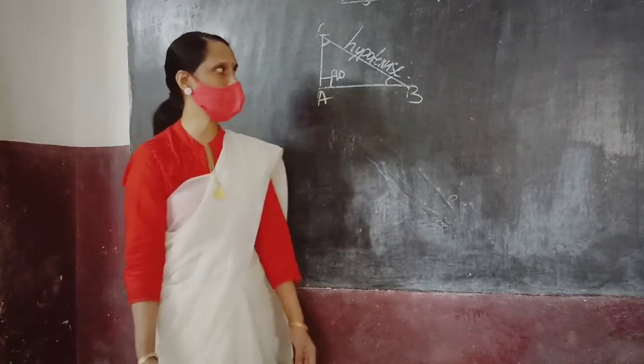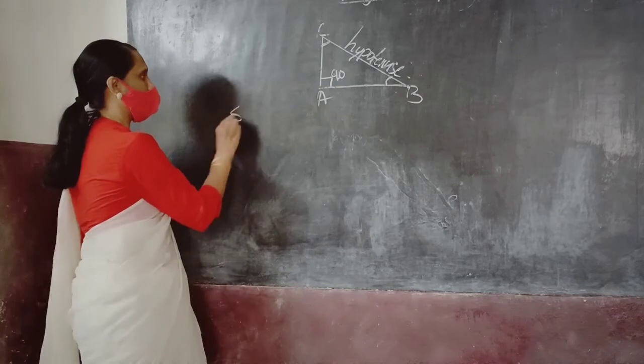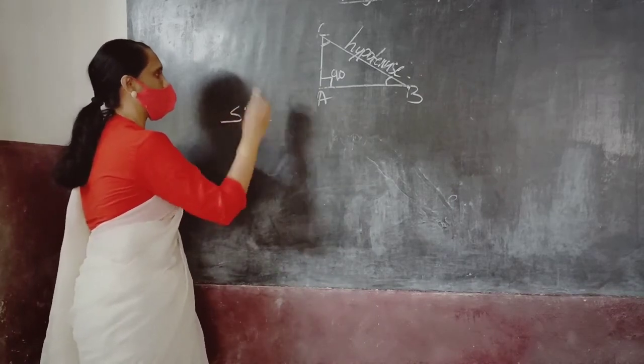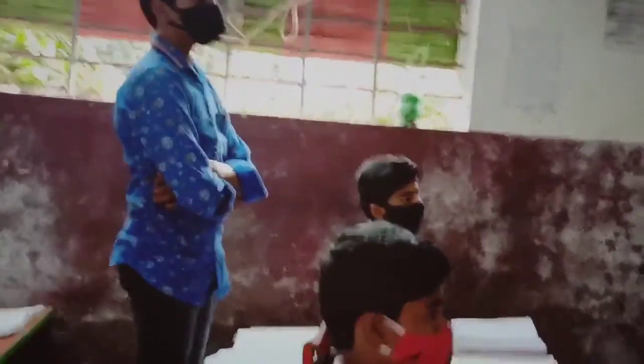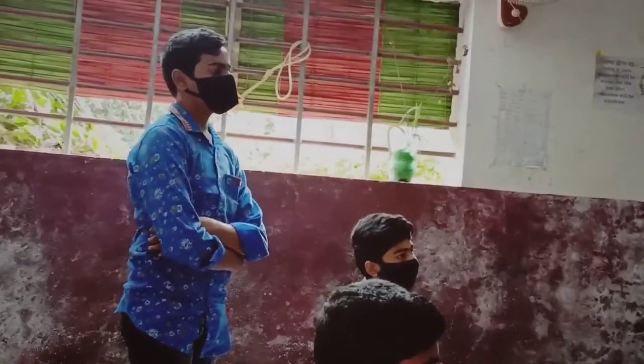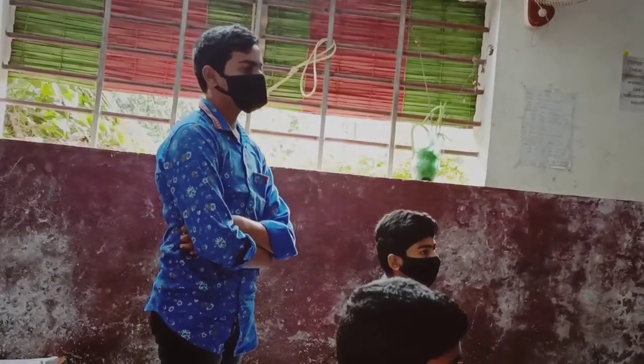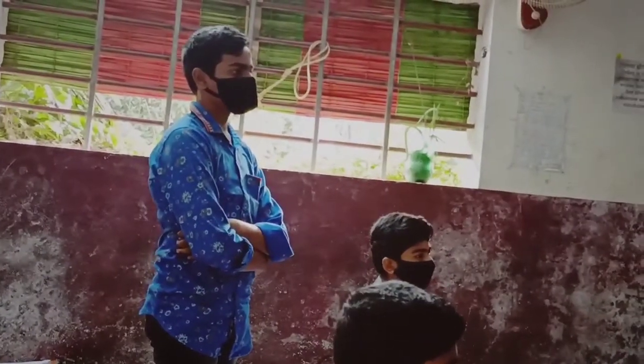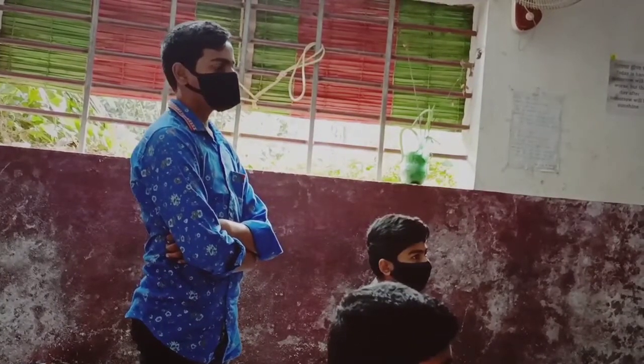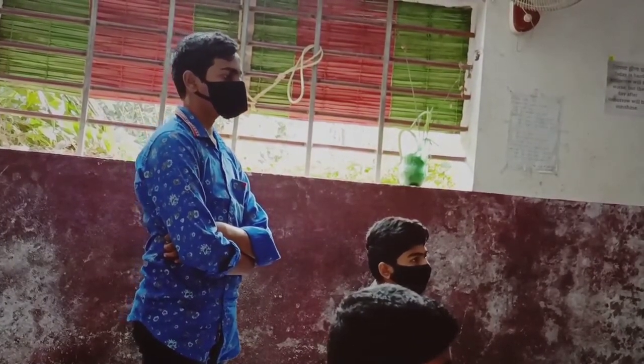What is sine theta? Prasad, can you say what is sine? Shortly we write it as sin. In general, let me write theta. If the angle is B, we will write sine B. If the angle is A, we will write sine A. Understand?